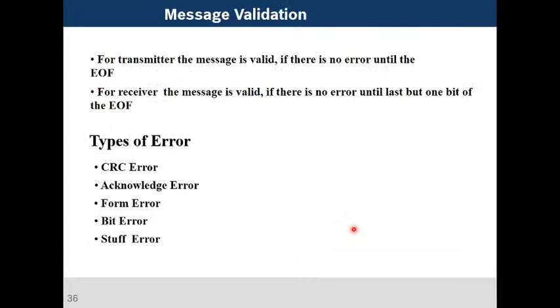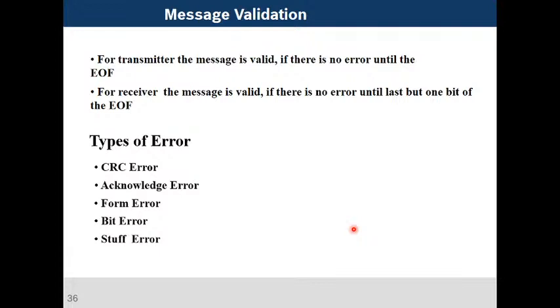Message validation for the transmitter: the message is valid if there is no error until the end of the frame, then the message is successful. For the receiver, the message is valid if there is no error until the last but one bit of the end of the frame. Types of errors, if an error comes during validation.